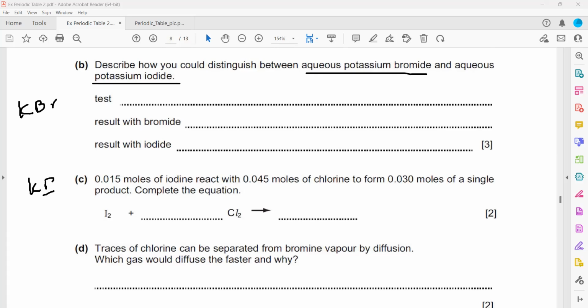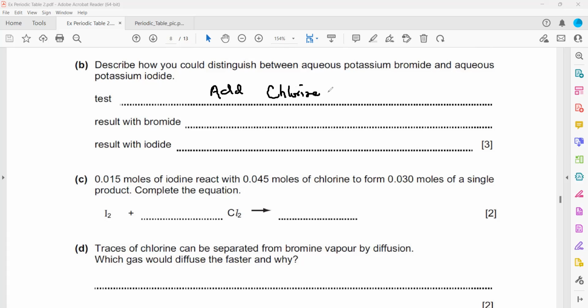So what we can do is bubble chlorine gas through them. Because when chlorine reacts with potassium bromide, it will form bromine. And what is the appearance of bromine in the aqueous solution? It will be orange.